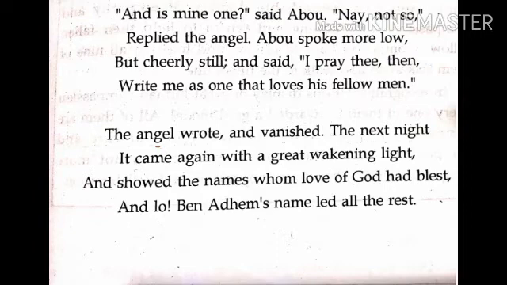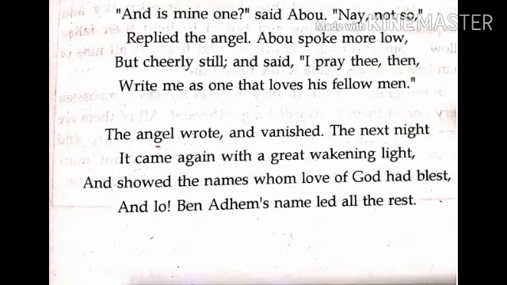Abou spoke more low. Hearing this, Abou Ben Adhem was not much disappointed. He spoke more low. More low means in a more humble manner. But cheerily still, then. Even then he was very cheerful. What is he saying to the angel in a humble and cheerful manner? He is saying, "I pray thee, I request you, then write me as one that loves his fellow men."